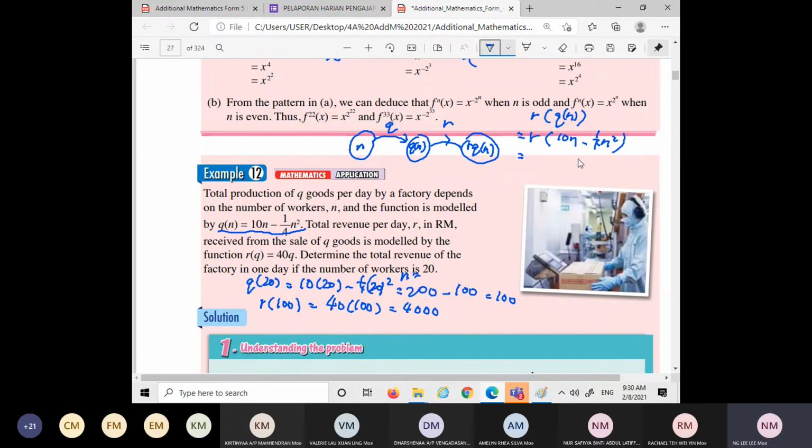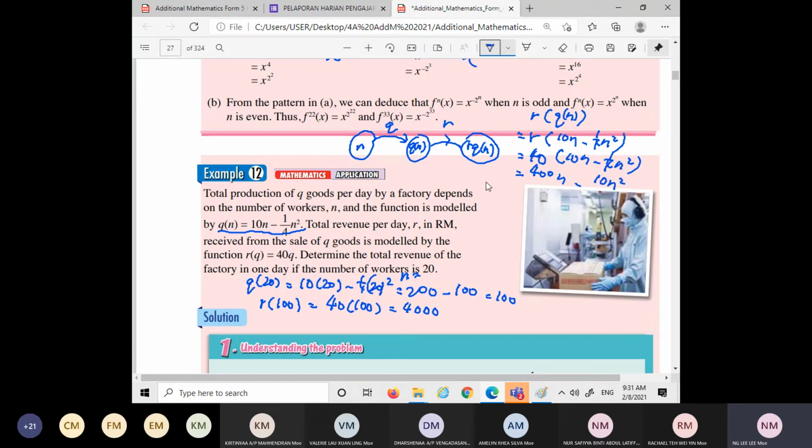So now the object is this, so my image will be 40 times this, 10n minus 1 over 4 n squared. You can just leave it, or if you want to expand, this one will be 400n, and then this one will get 10n squared.